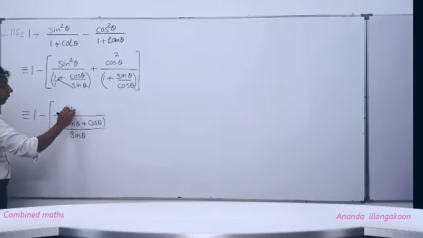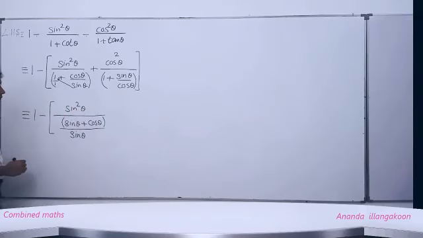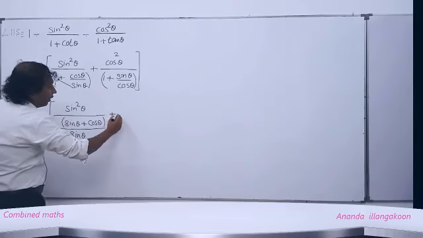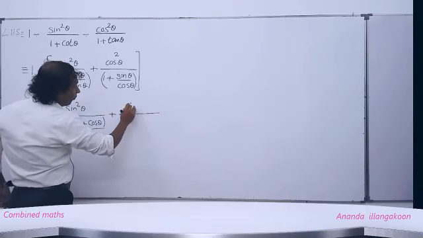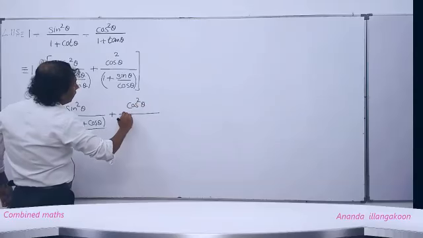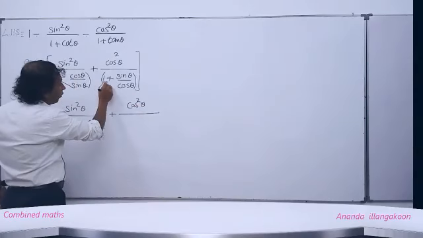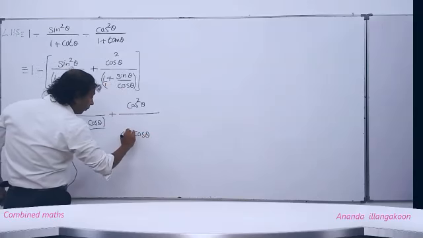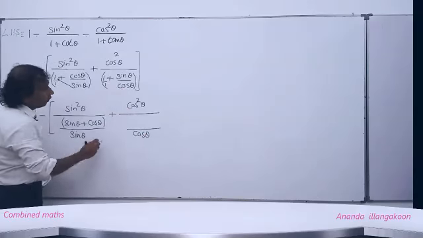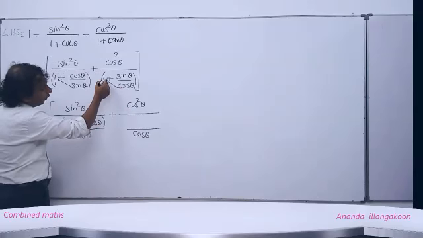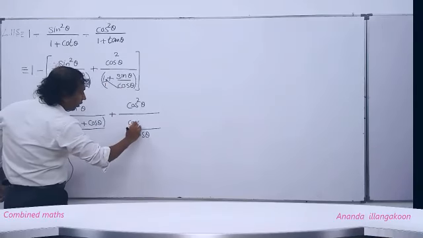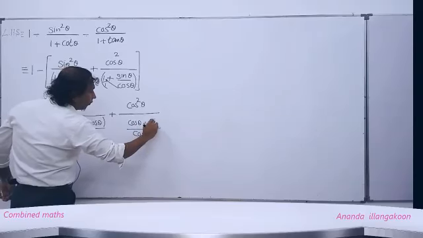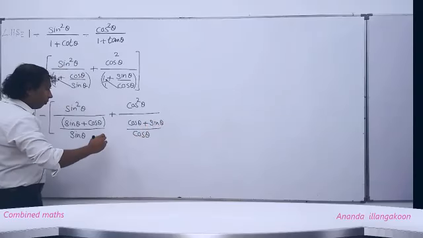And here sin squared theta. Similarly here, people, we can simplify this cos squared theta. Here this one has the denominator 1, 1 into cos theta is cos theta. Then this comes here and 1 into cos theta is cos theta plus sin theta. This is what we get, people.